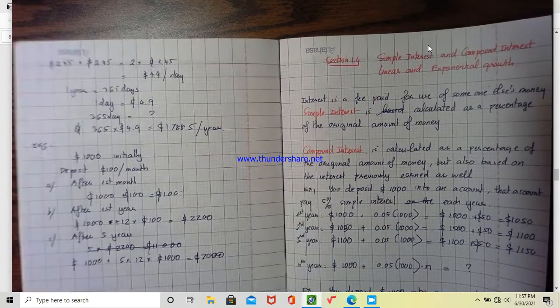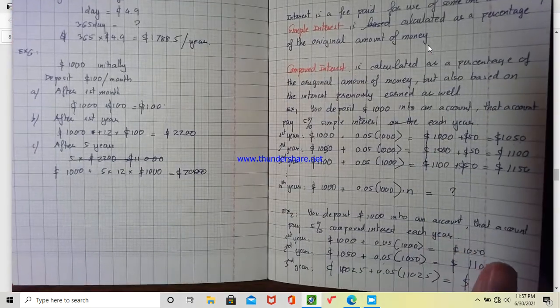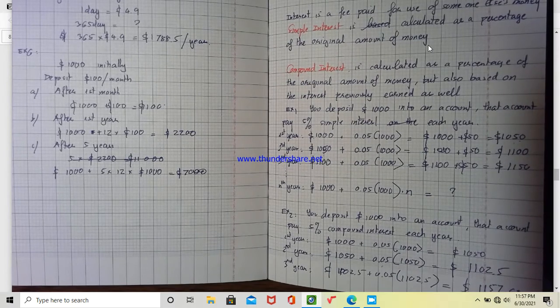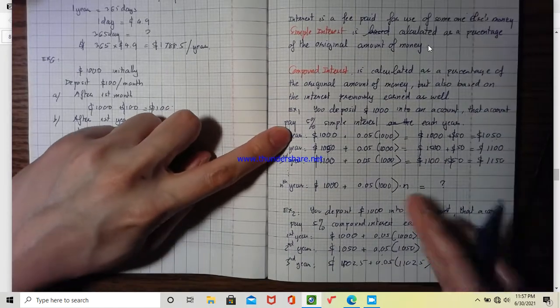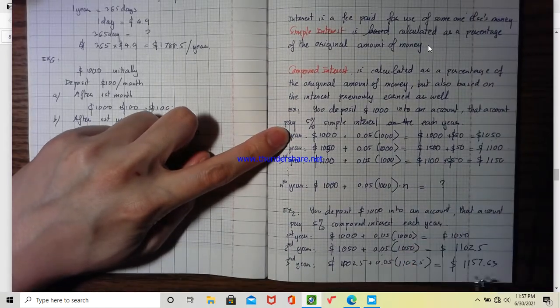Based on example 1 and example 2, we see that the amount of money you put in the bank is growing faster in example 2 than in example 1. The money you have in the bank is bigger.